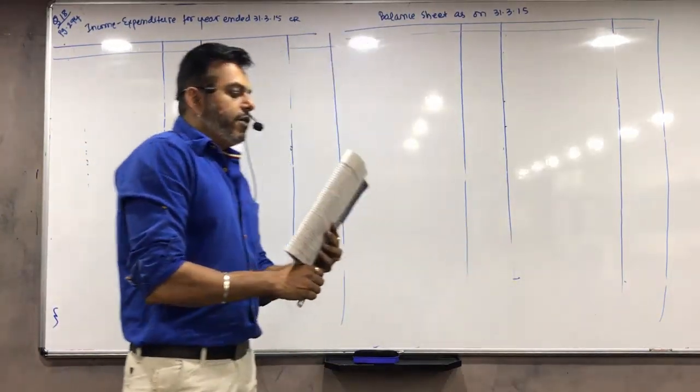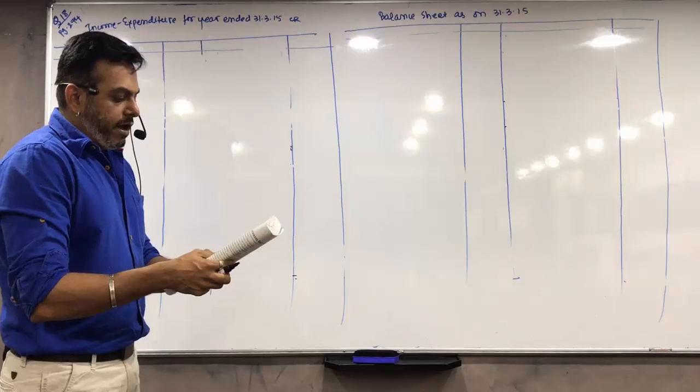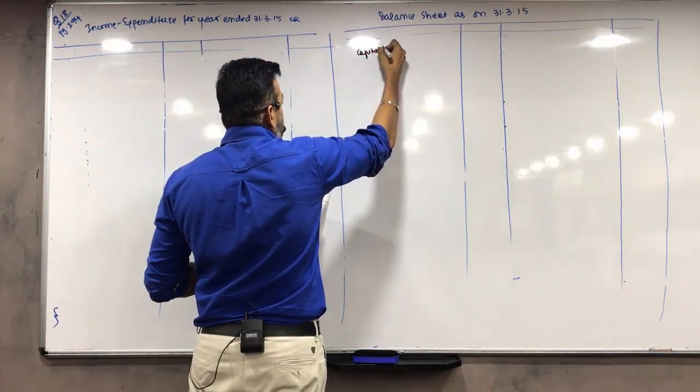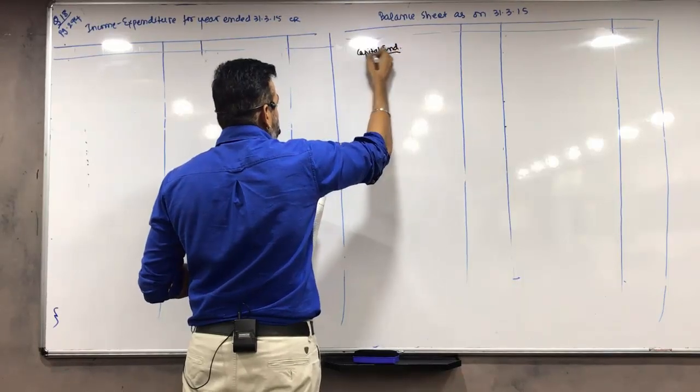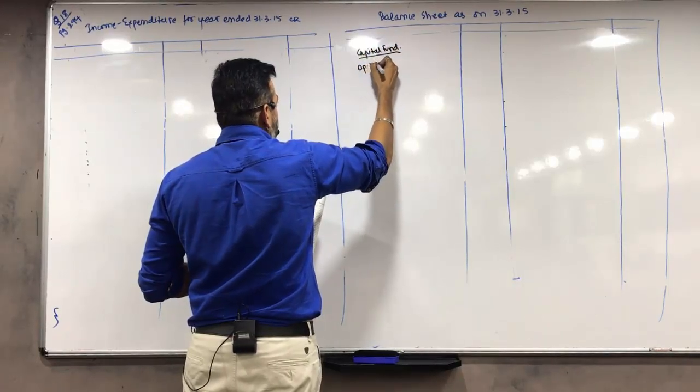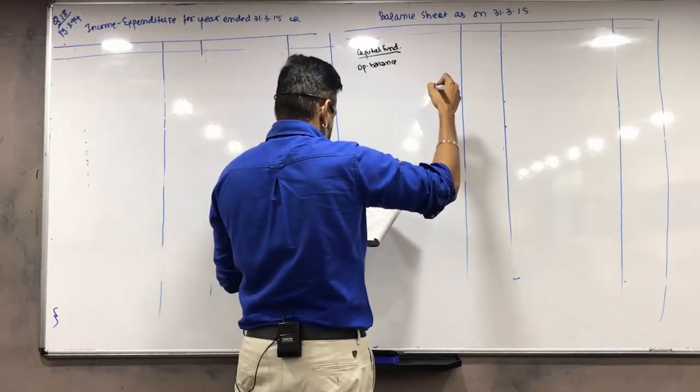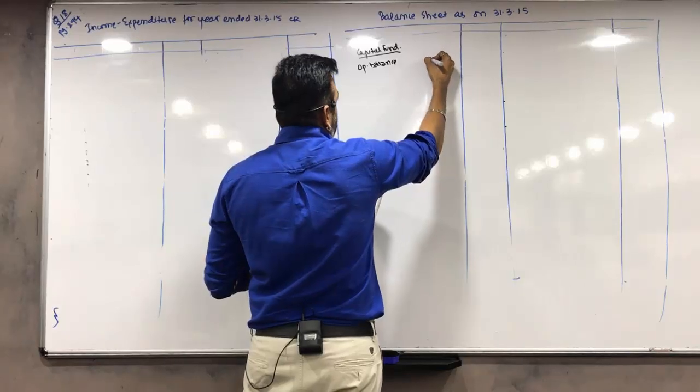Let's start with the opening balance sheet first and write capital fund. Opening balance $1,08,000.